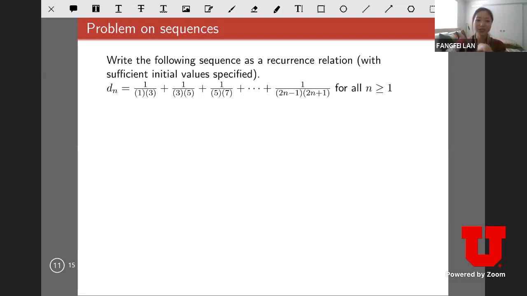Write the following sequence as a recurrence relation with sufficient initial values specified. We all know what a recurrence relation is. So we want to write dn to be dn minus 1 plus something. Basically we want to write this as a recursive formula.